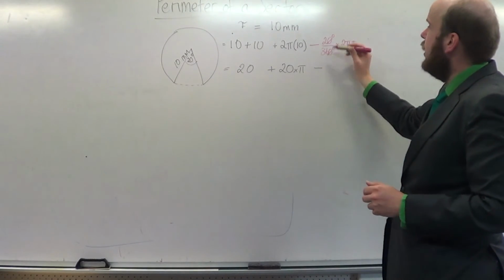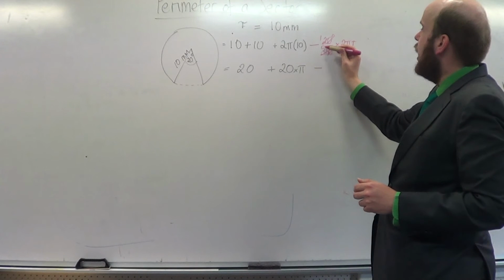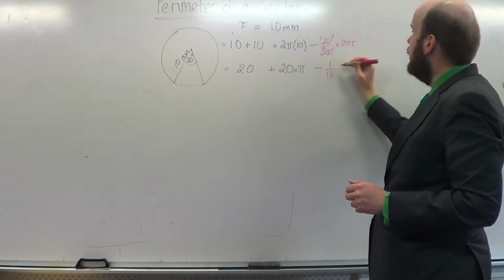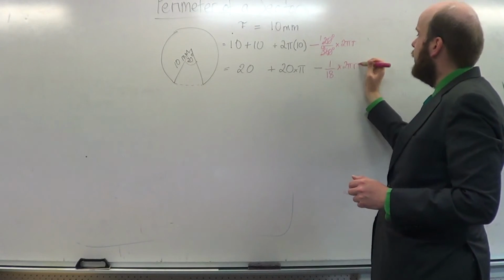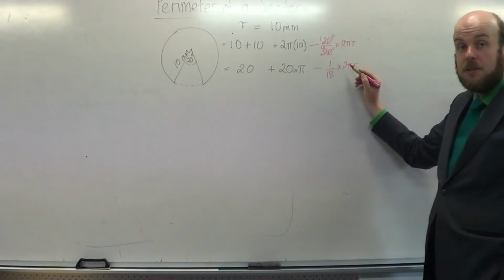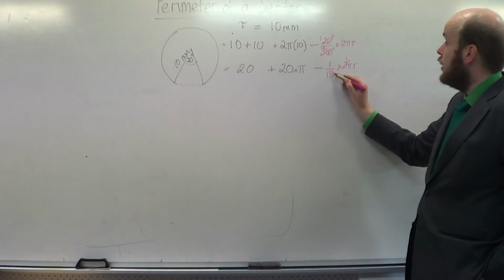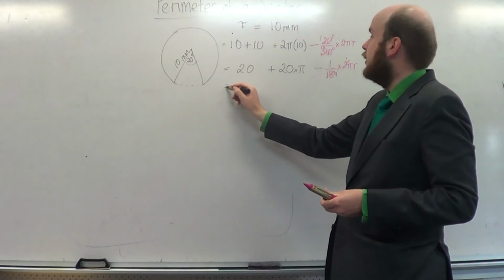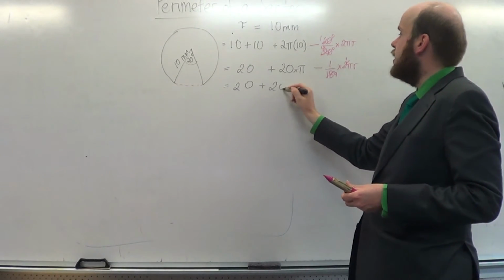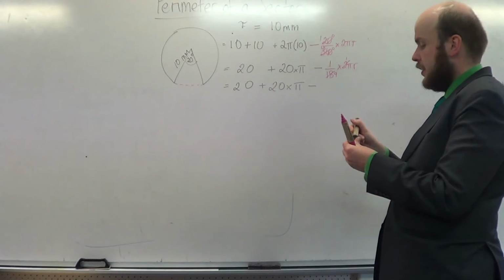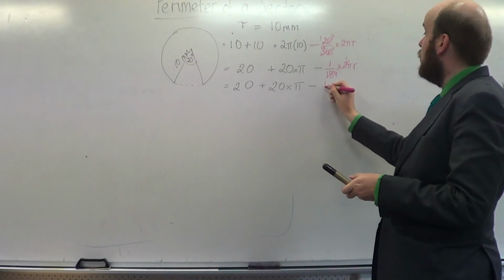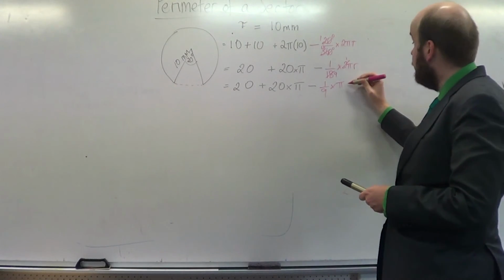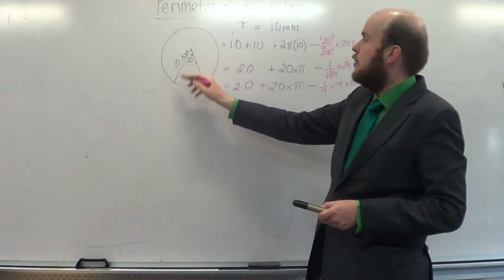The zeros cancel out, 2, 18, so 2 can go into 36 18 times, so it's 1 over 18 times 2 pi r. The 2 and the 18 can cross cancel each other out, so 2, 1, 9. So 20 plus 20 times pi minus 1/9 times pi. Now r here was 10, because our radius was 10.